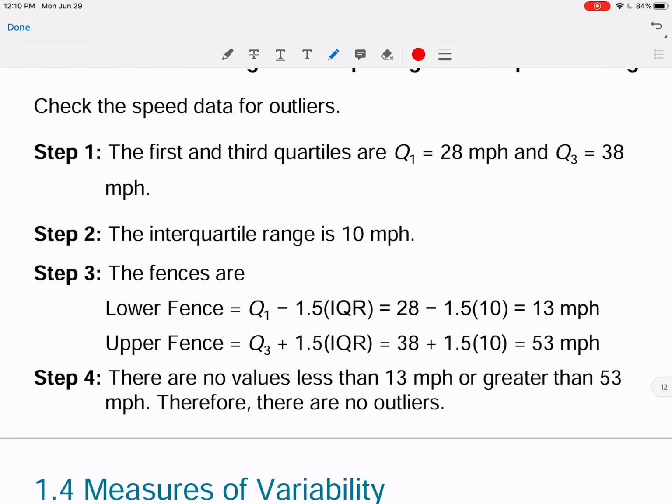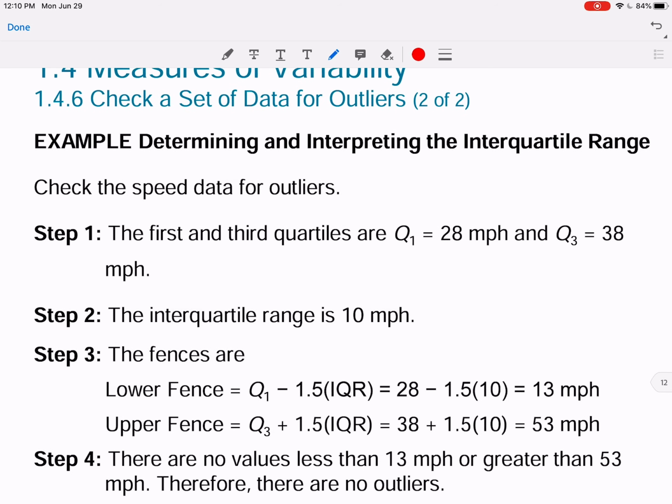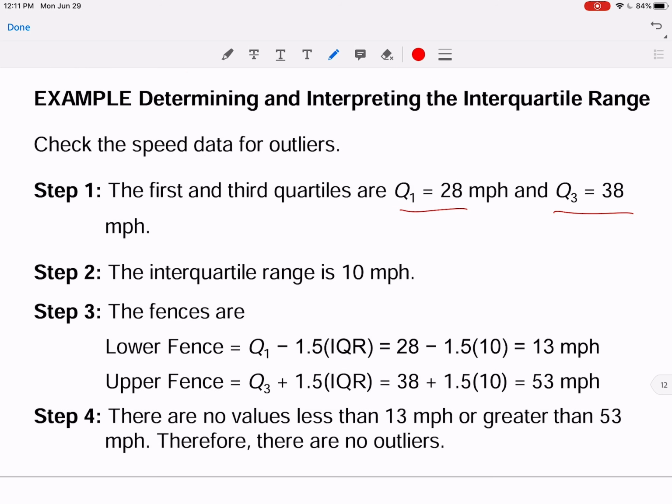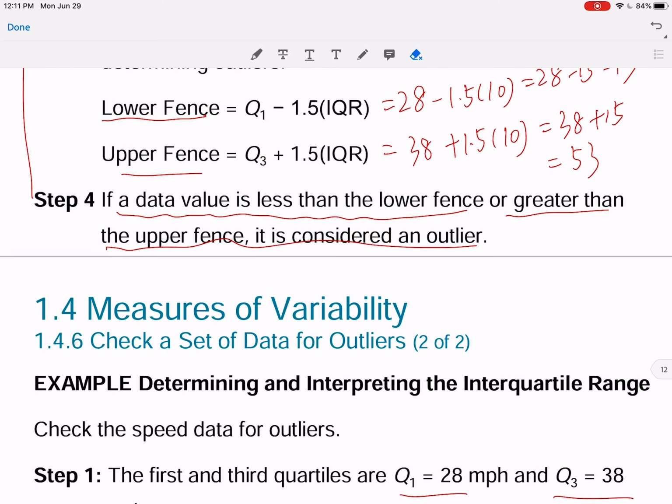Okay, so this example is exactly the same thing as what we went over. Let's just read it over quickly. The first and third quartiles, Q1 is 28, Q3 is 38, the interquartile range is 10, same thing. The lower fence is Q1 minus 1.5 times IQR, which is 13, same as what we got up here.